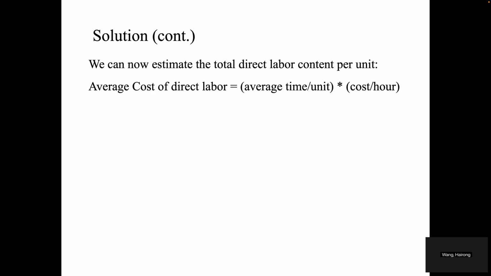So we can now estimate the total direct labor content per unit by using this formula. We use the average time per unit, which was calculated in the previous slide, times the cost per hour. Then we can get the average cost of direct labor, which equals 27.2 per unit.